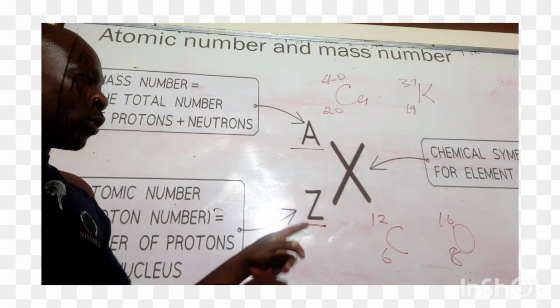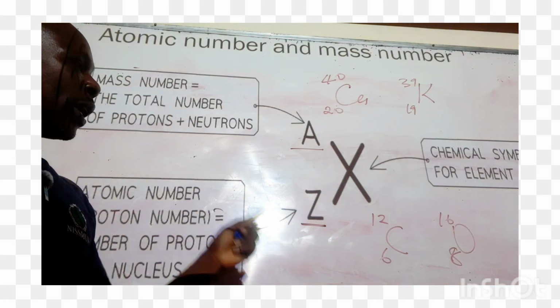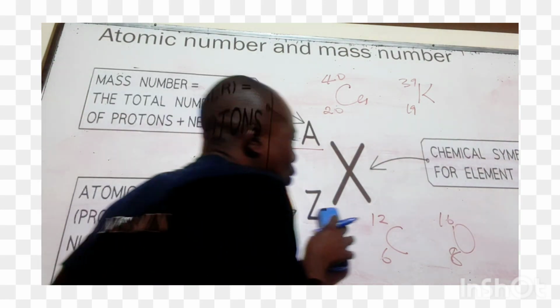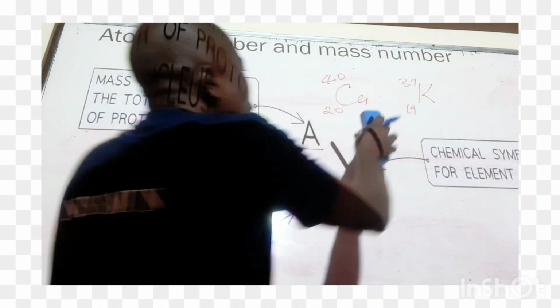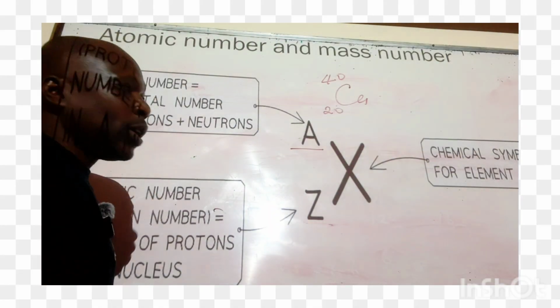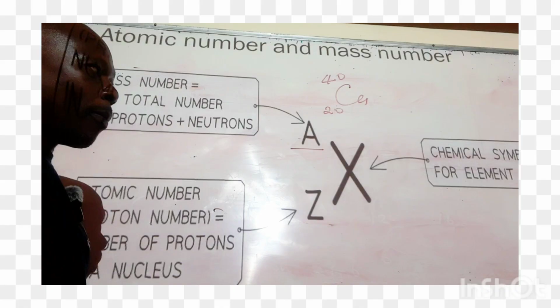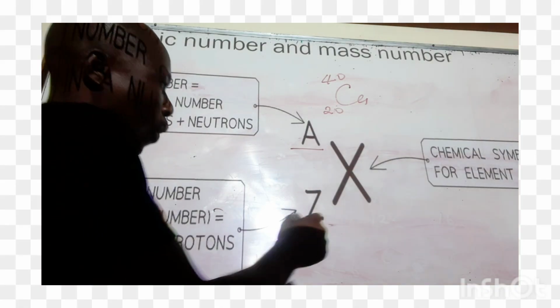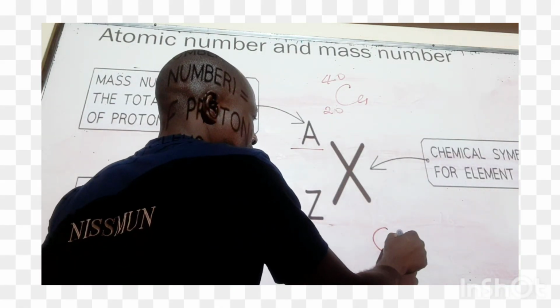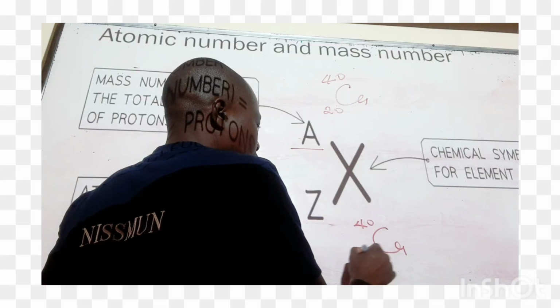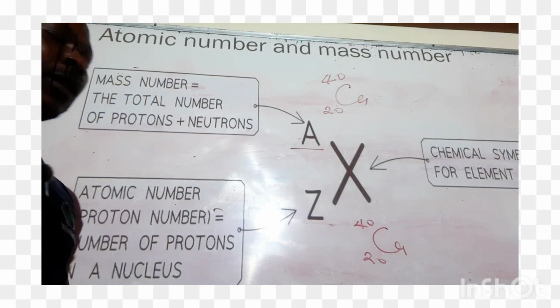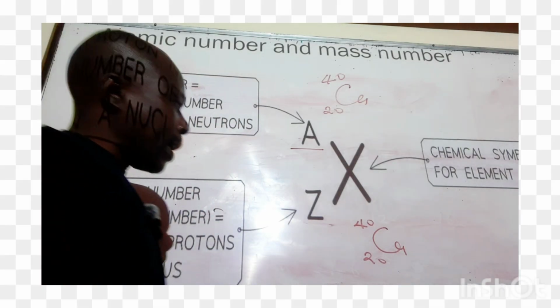Let's take a case study using calcium. Can we identify the number of particles present? So we have an atom of Ca 40 20. Can we find out the number of particles present here?